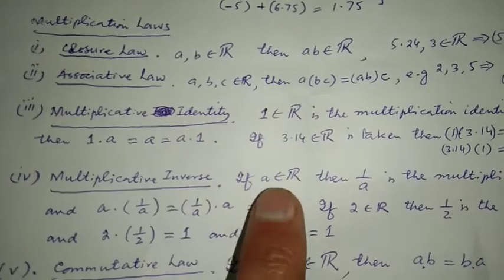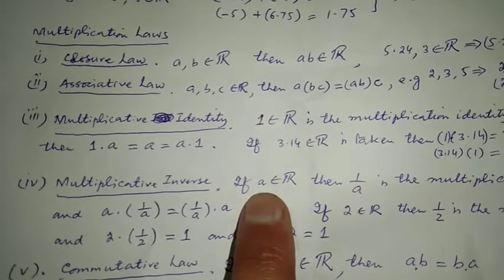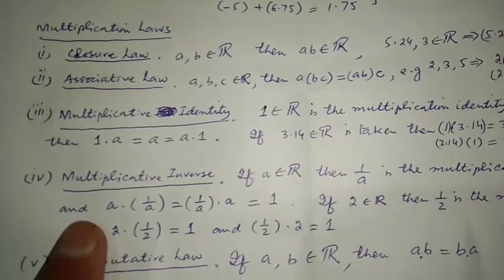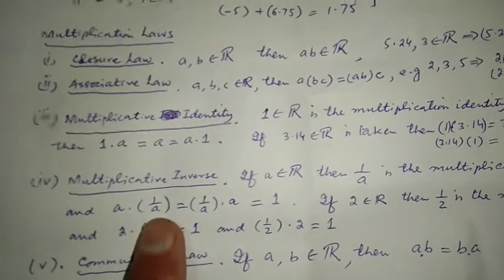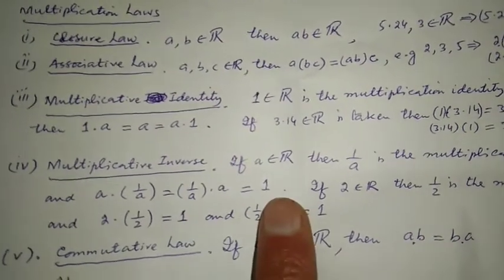If we take a real number a from the set of real numbers, then 1 over a is its multiplicative inverse. And if we multiply a with its multiplicative inverse, whether from the right or from the left, the answer is 1.